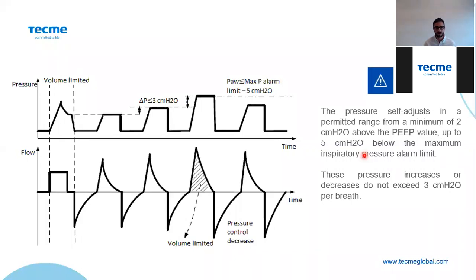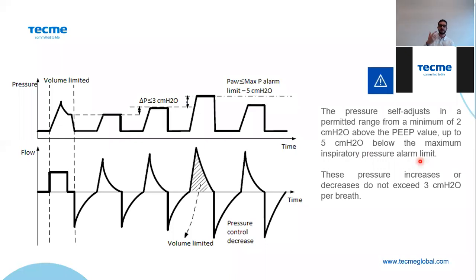So the safety mechanism here is that the ventilator cannot automatically increase this pressure beyond 5 centimeters below the maximum inspiratory pressure alarm limit.